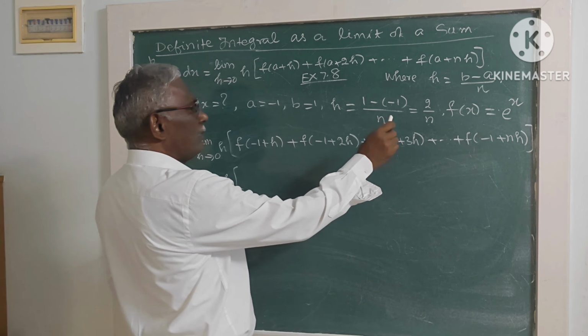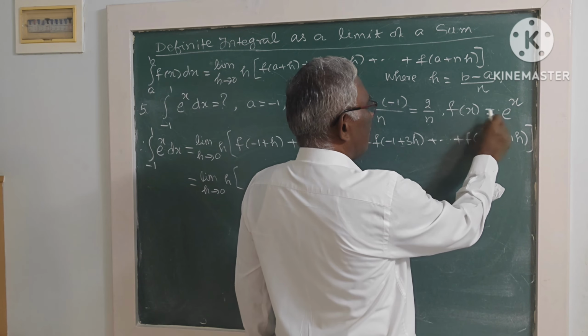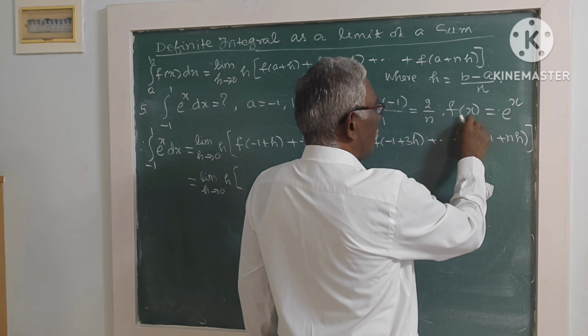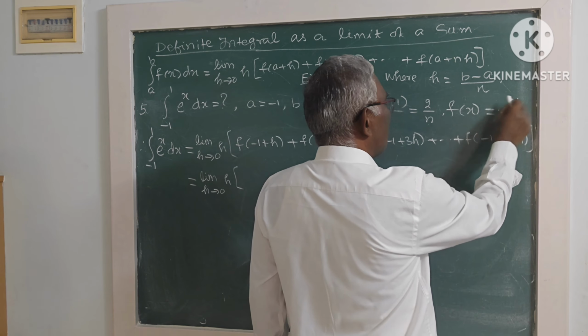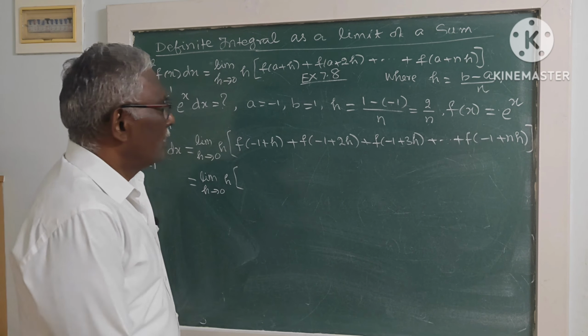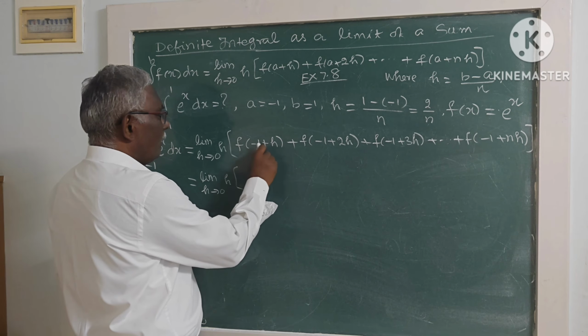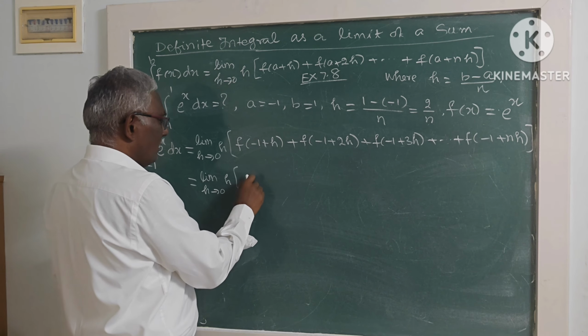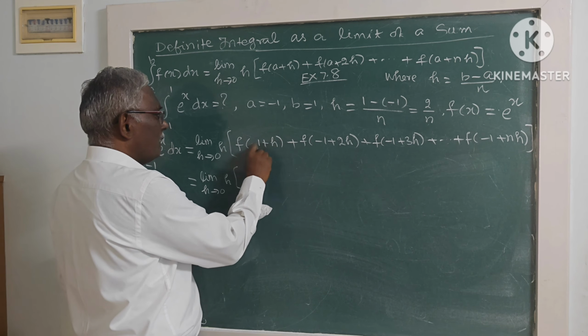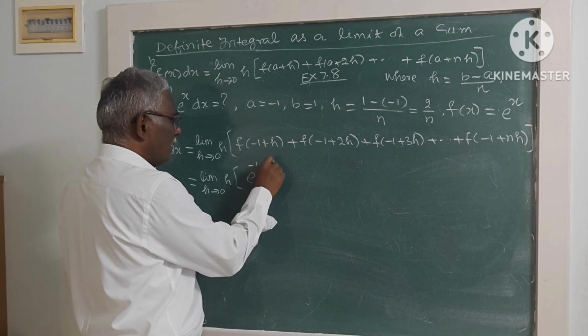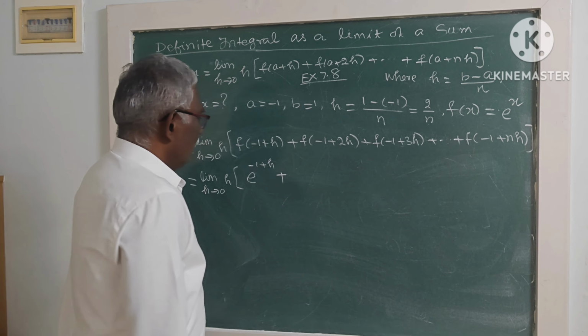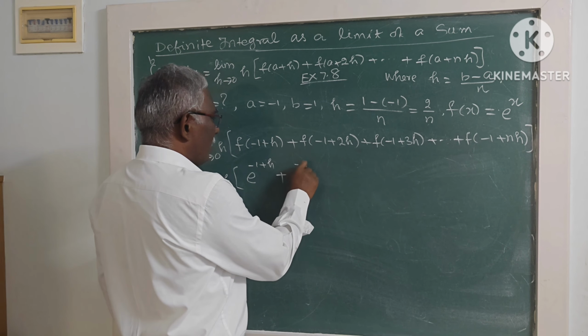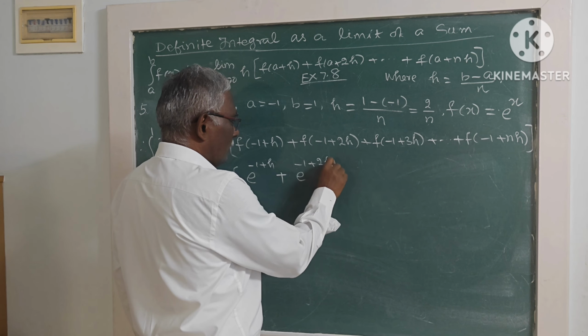So f of x means f of x is e power x. So this is equal to e power whatever comes inside the bracket we have to write. So inside the bracket minus 1 plus h is there. So e power minus 1 plus h, then e power minus 1 plus 2h.